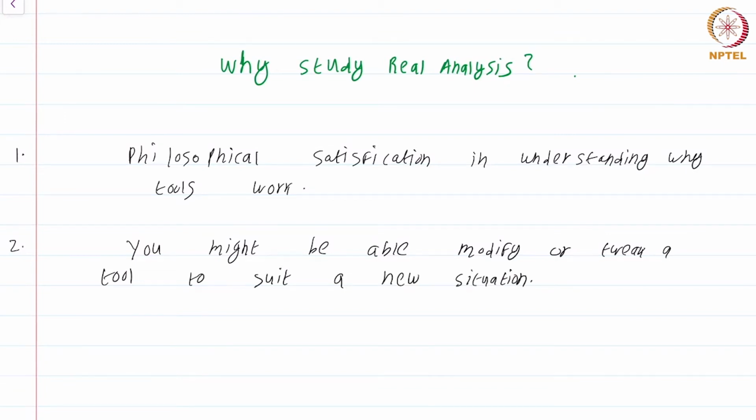It is not true that all the great tools of calculus have been discovered by mathematicians. Many of the tools have been discovered by engineers who needed a new version of a particular tool or a slightly different version of an existing tool. Knowing the background theory is of great use when you are trying to redesign an existing tool.